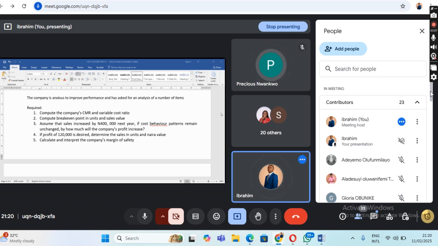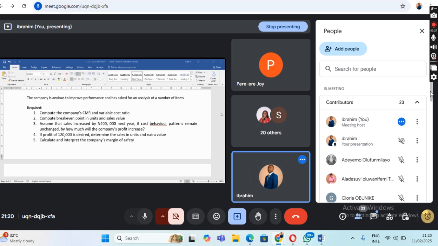All over what? So that is from our formula. We have sales in units to achieve a target profit before tax.